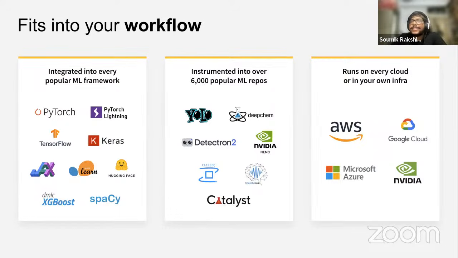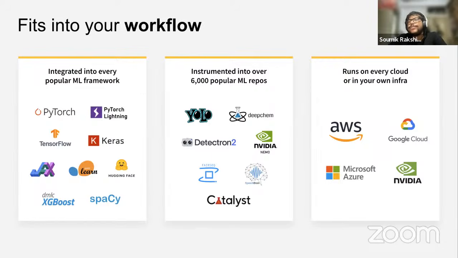The Keras integration is something which I personally maintain and develop actively. We are also integrated with YOLO, OpenAI, NVIDIA NeMo, NVIDIA MONAI, and a lot of other open source repositories across the whole open source software space.